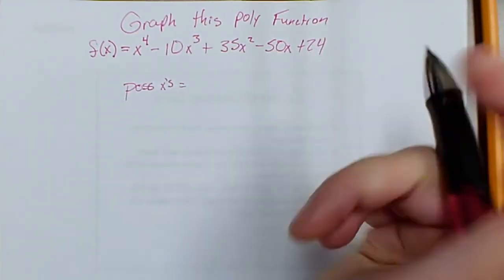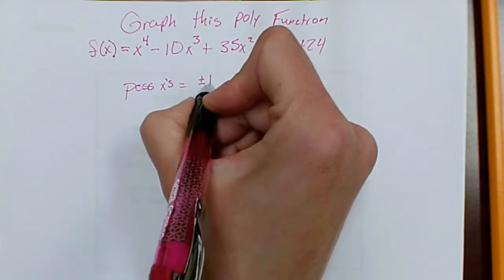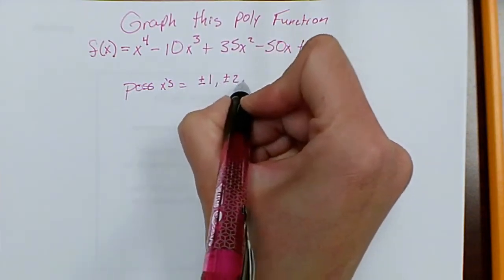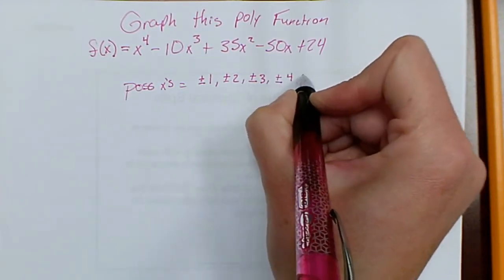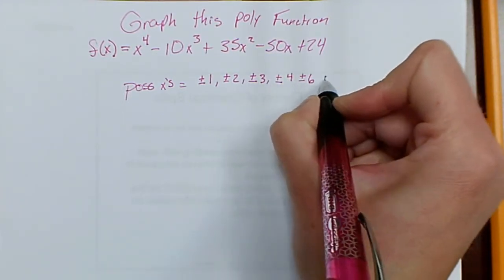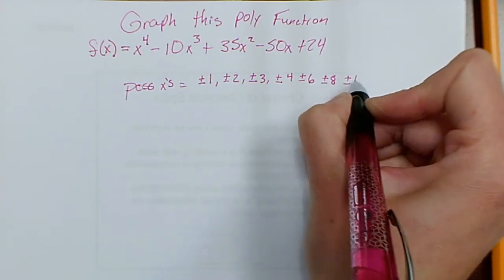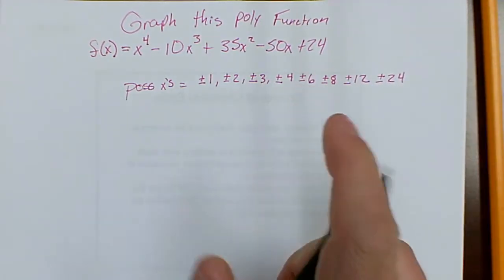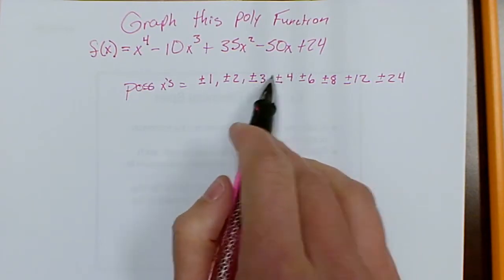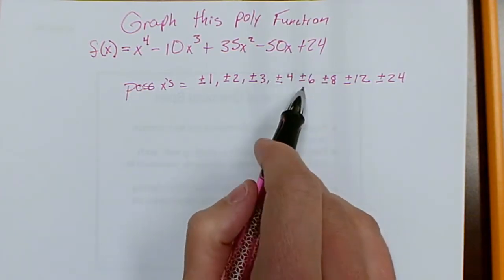So factor 24: plus and minus 1, plus and minus 2, plus and minus 3, plus and minus 4, plus and minus 6, 8, 12, and 24. The reason why we have positive and negative is because any combination of these will give us positive 24.